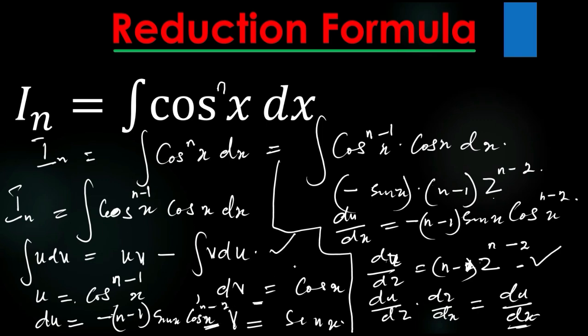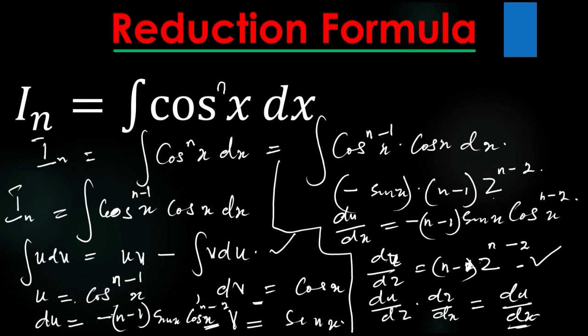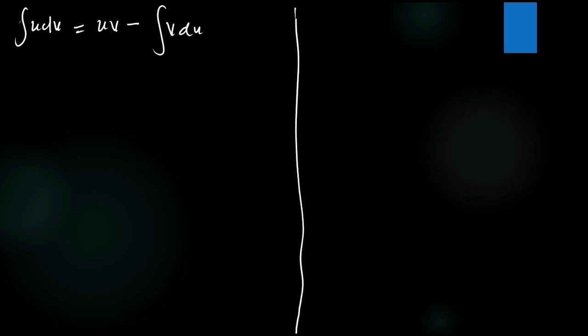Now let's put this into the formula for integration by parts, where the integral of u dv is equal to uv minus the integral of v du.